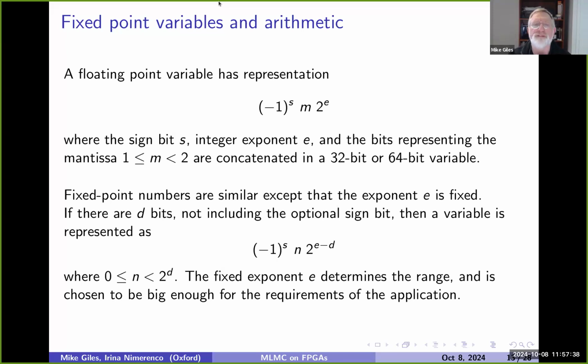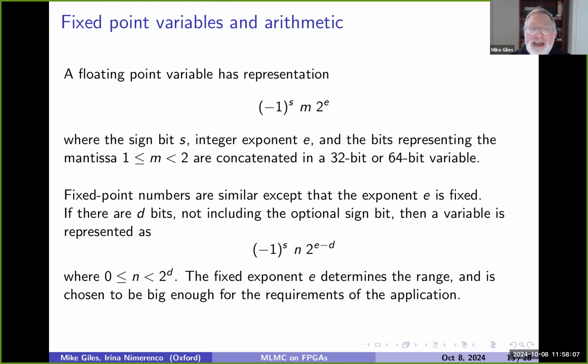Okay, so let's talk now about fixed point variables. A floating point number has a representation like this. We've got a sign bit, S, which is either 0 or 1. We have an integer exponent, E, and then M is a mantissa, which lies somewhere between 1 and 2.